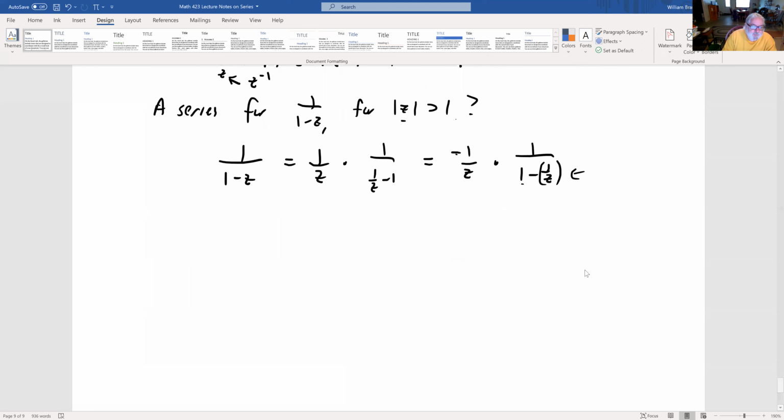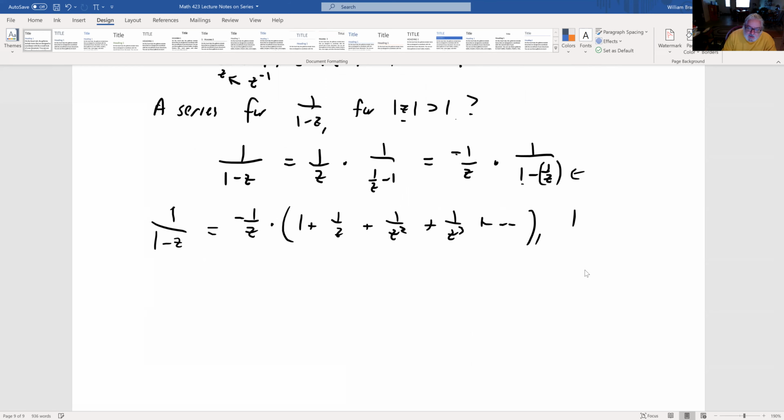So 1 over 1 minus z equals minus 1 over z times 1 plus 1 over z plus 1 over z squared plus 1 over z cubed plus dot, dot, dot, as long as the modulus of 1 over z is less than 1.